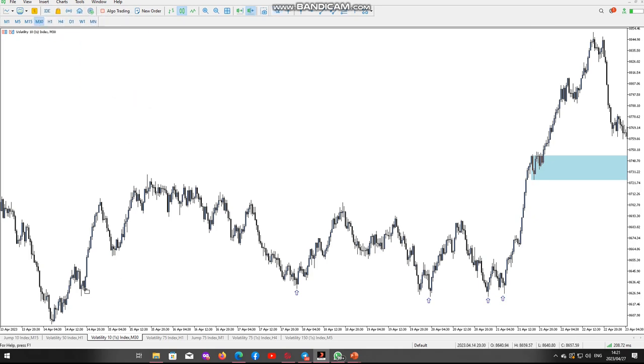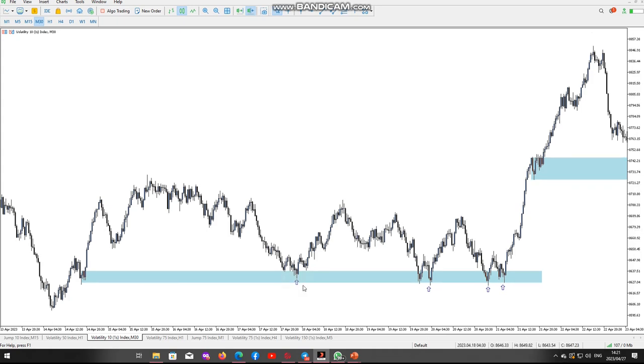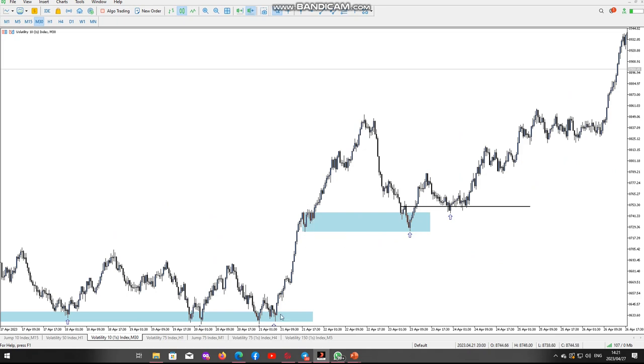You take from the red candle, the red candle before the void started. You extend the whole body of that particular candle. Do you understand? The whole body, even if it's small, as long as it's a red candle. And then from there, what happened? 1, 2, 3, 4. Then price ran away from that zone. We came again.